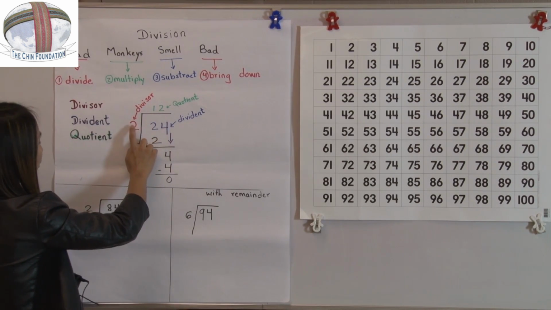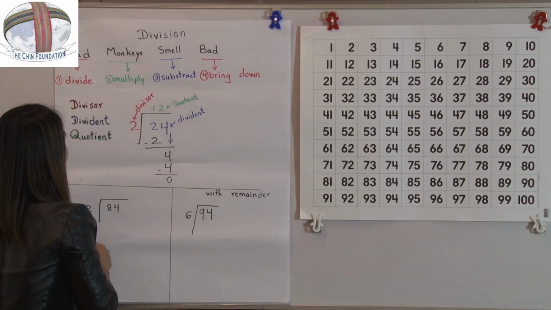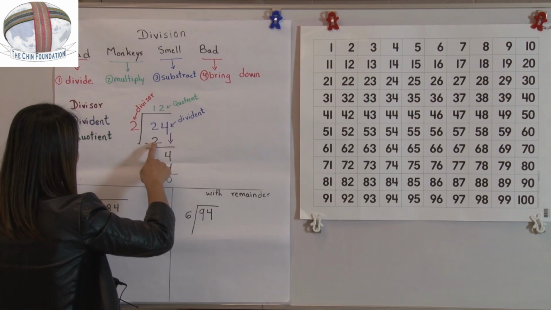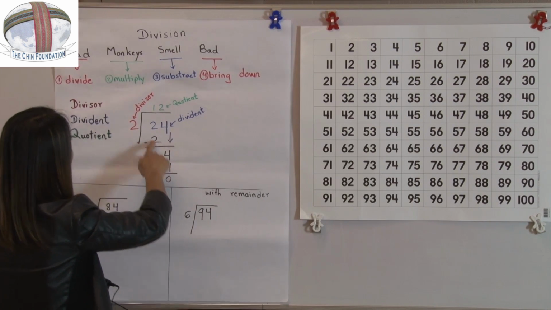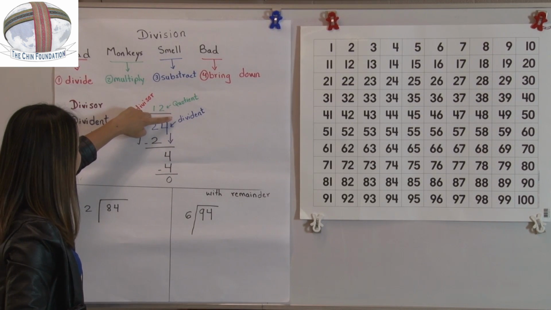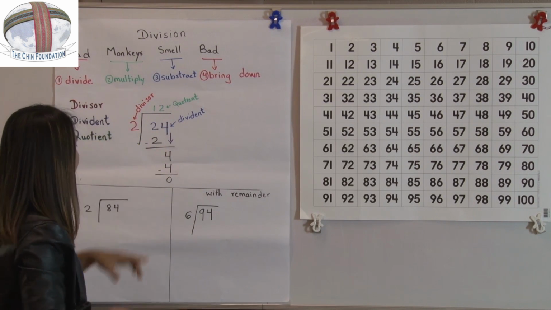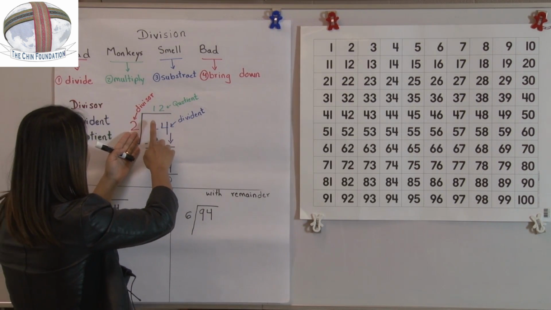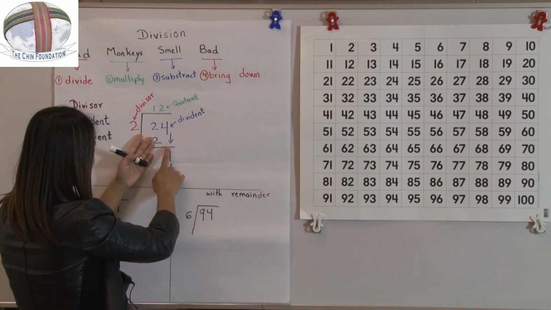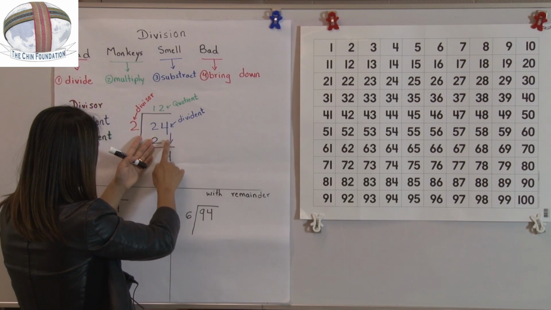Now step 2, we need to multiply. 2 times 1 is 2. Okay. We are done with step 2. Step 3, we need to subtract. Okay, we need to minus. 2 minus 2 is 0. 4 minus 0, nothing, is 4.